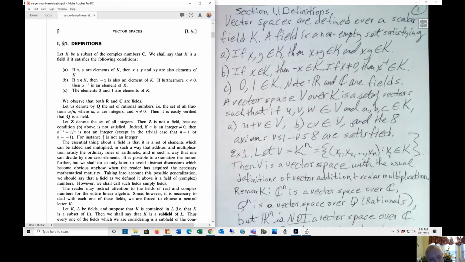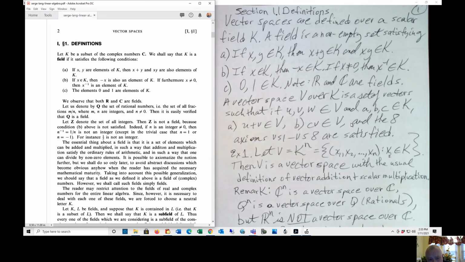We're saying that if you take 2 elements in that set and you operate on those elements with some kind of addition or multiplication, then the outcome of that operation is still inside the same set that those two elements are in. B: if x is an element of K, then the additive inverse minus x is in there.